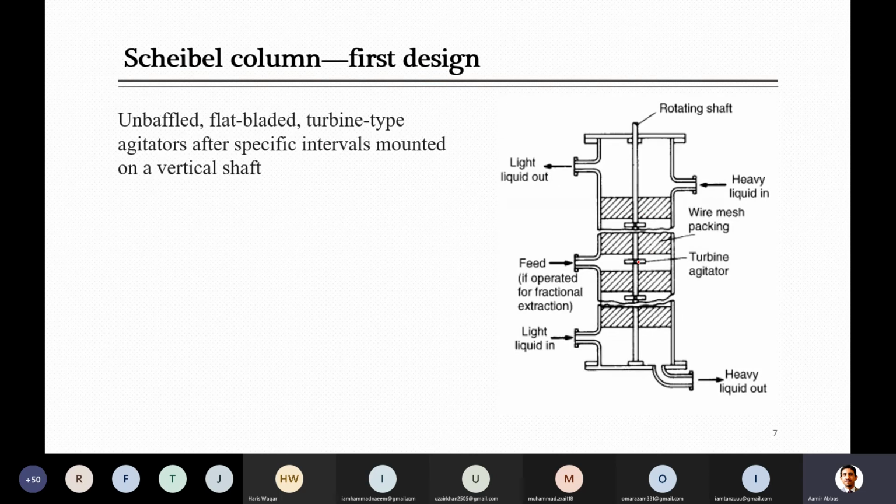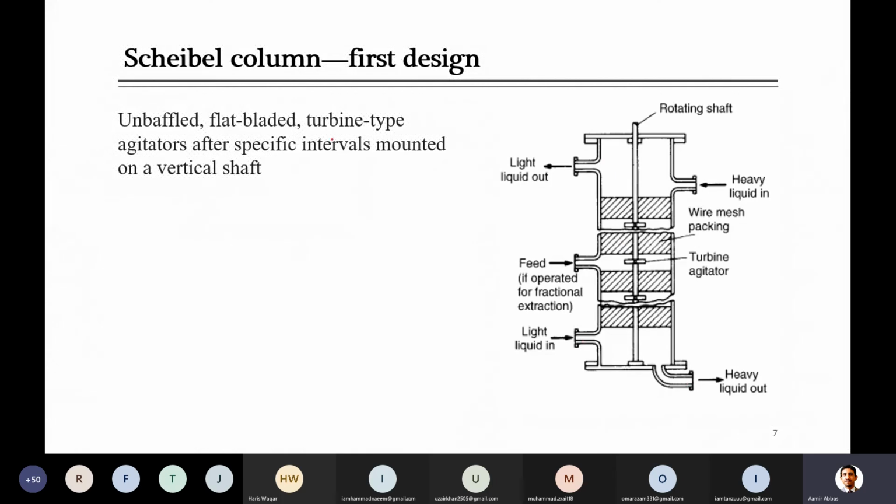When liquids are moving through this column, and you are rotating, definitely these will be the agitation zone or the mixing zone, and when they pass through this packing, then they will try to settle. So it will be called the settling zone. Then at the end of the day, the lighter leaves from the top and the heavier leaves from the bottom.